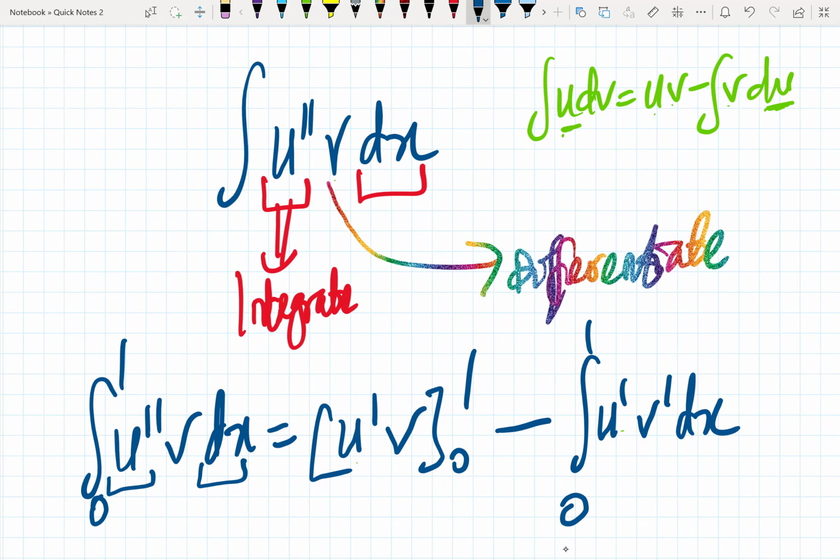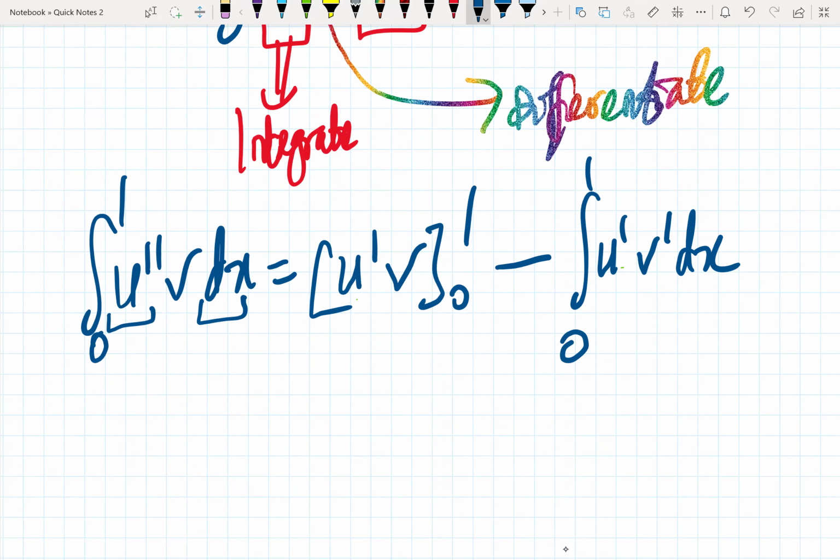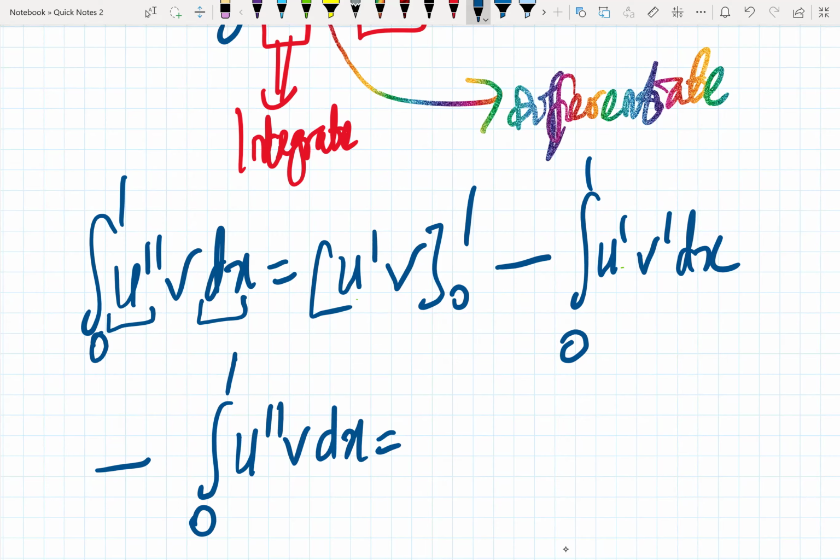Then we multiply through by minus, so we have minus the integral from 0 to 1 of u prime prime v dx equal to u prime v from 0 to 1 minus... I've multiplied now, so some things have got to change.